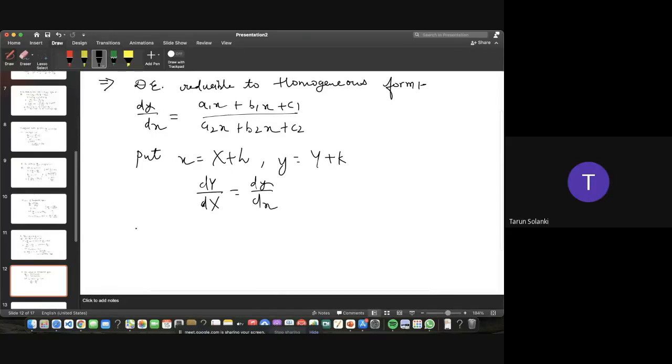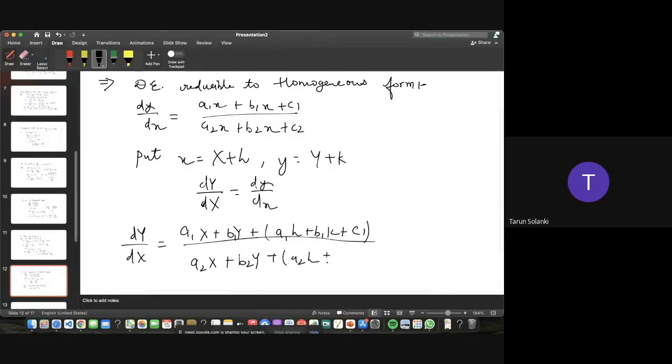The equation can be transformed to dY/dX = (a1X + b1Y + a1h + b1k + c1)/(a2X + b2Y + a2h + b2k + c2). Now choose h and k such that a1h + b1k + c1 = 0 and a2h + b2k + c2 = 0.